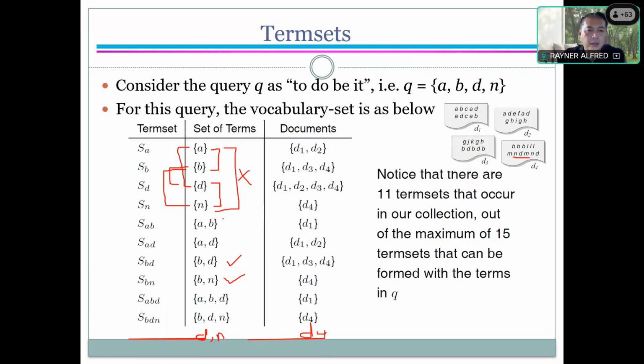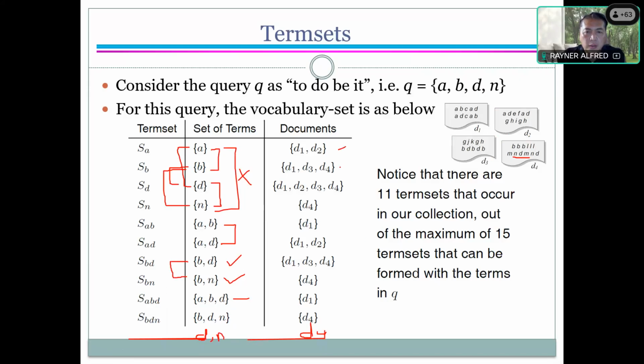And then after that we combine this to become ABD, and then we combine this with BD. Okay, so this one is similar to what we have here.